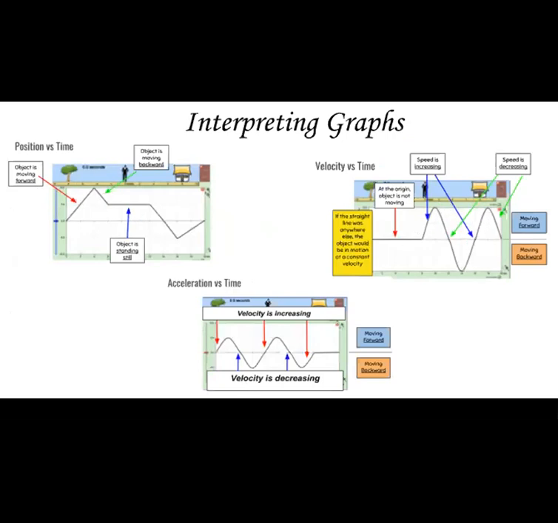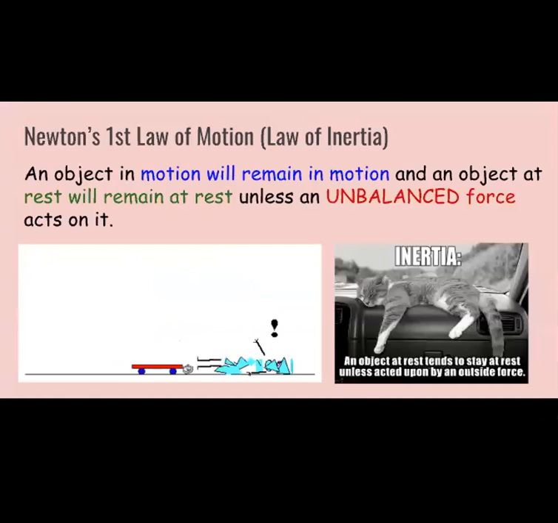Okay. Now, last time we met, we talked about Newton's first law of motion. Annabelle, I left you a little comment. And it has to do with objects in motion, objects at rest, and that those things won't change until there's an unbalanced force applied to it. This is what we're going to be talking about today. We also know that Newton's first law is the law of inertia.